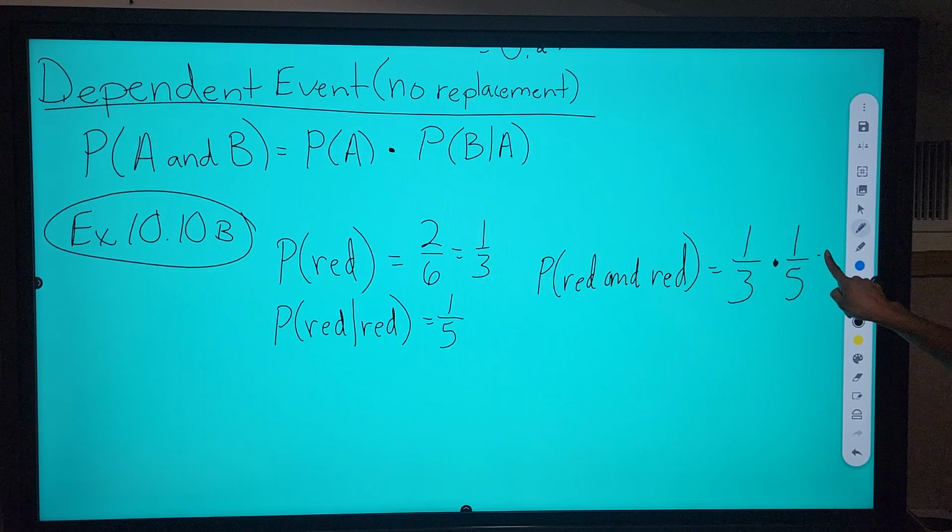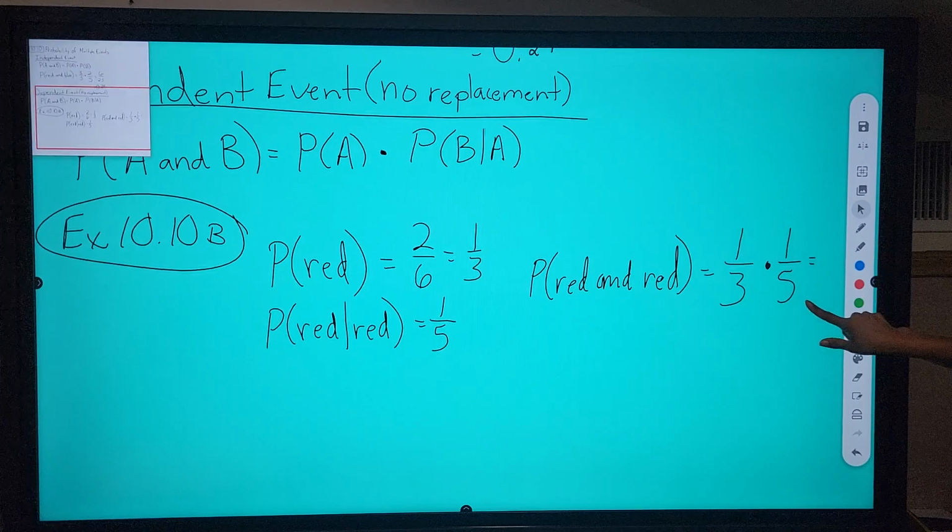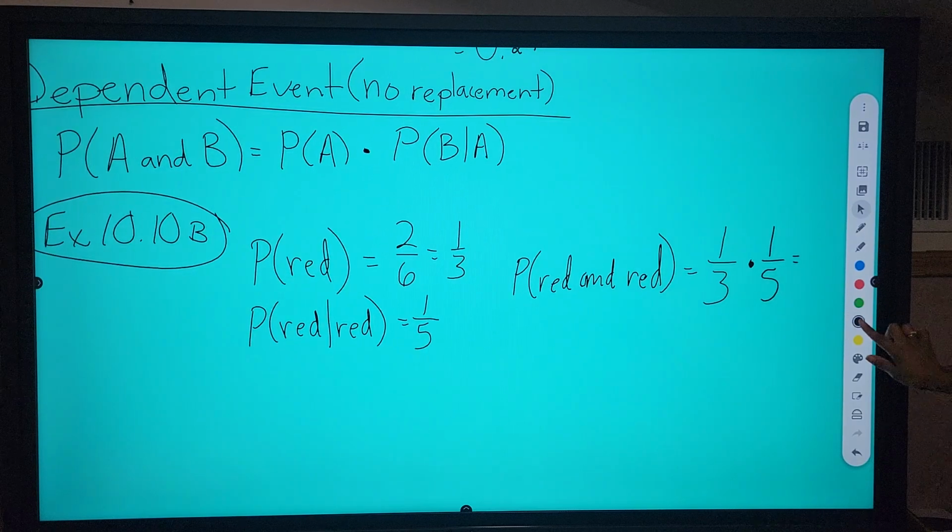So 1/3 times 1/5 gives us a probability of 1/15. If they wanted the decimal, take 1 divided by 15, round it to 2 places, and it's 0.07.